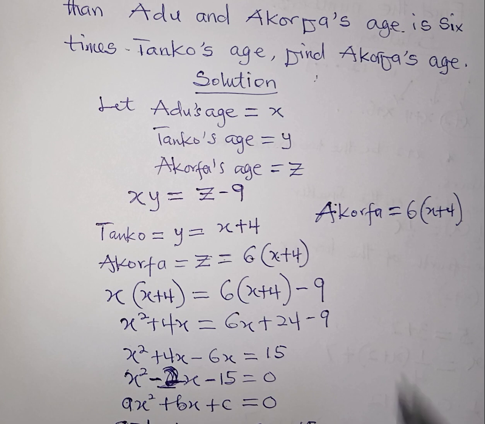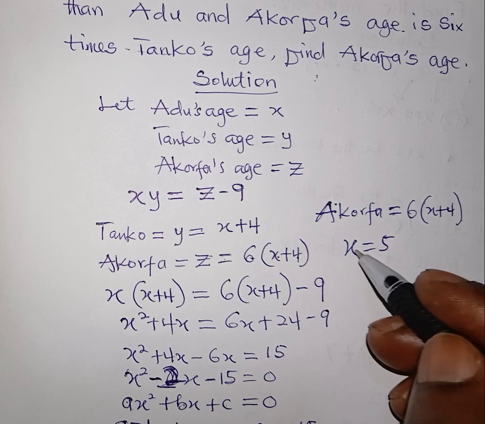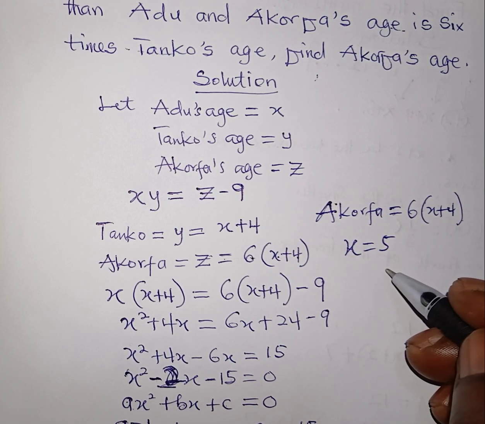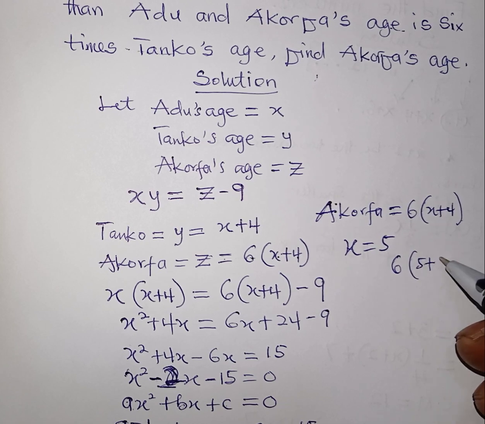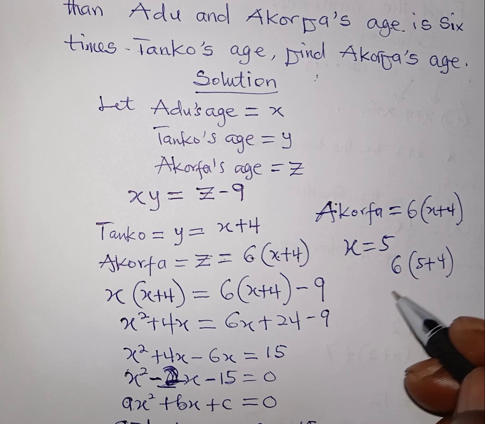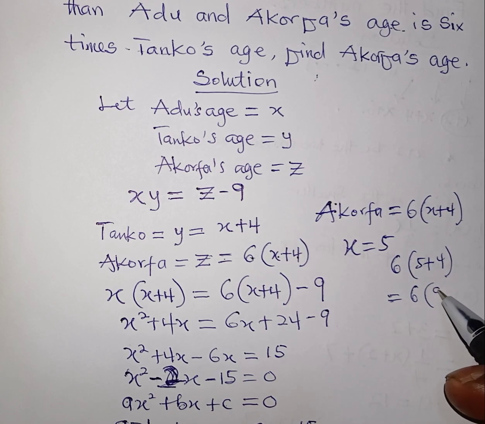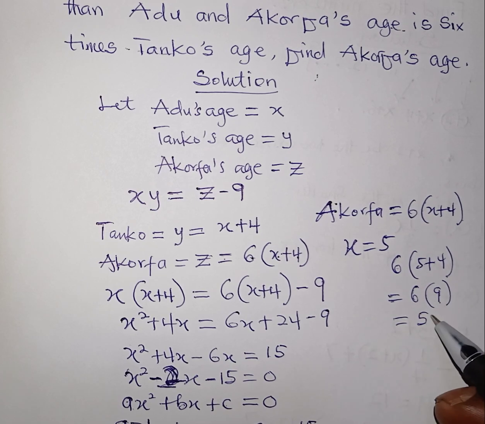And what is my x? My x, which is for Edu, which is 5. I'm only going to substitute and get Akufe's age. So here I will just write 6, and then we have 5 plus 4. Okay, so in this case, 6 times 9, and this gives us what? 54.